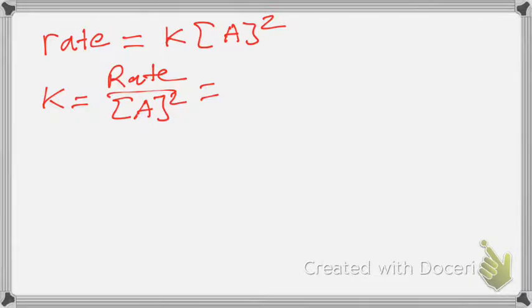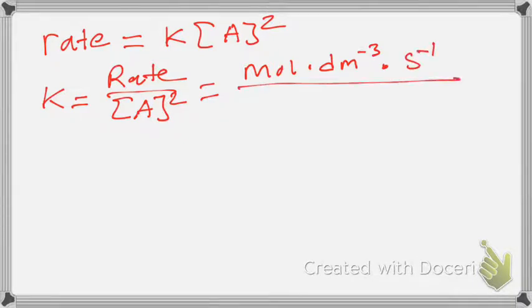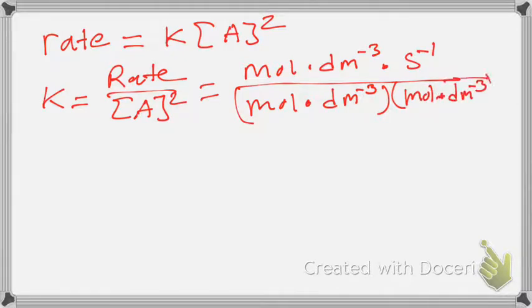So remember that in IB you're going to have rate units of moles per cubic decimeter per second over concentration, which will be moles per cubic decimeter, and we're going to multiply that by moles per cubic decimeter because we're squaring the units there.